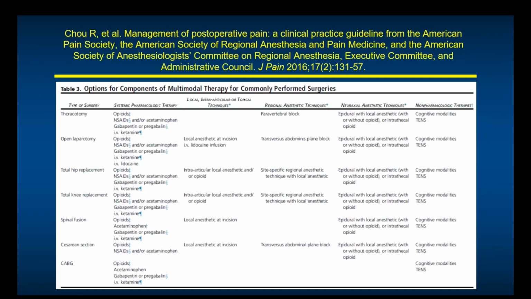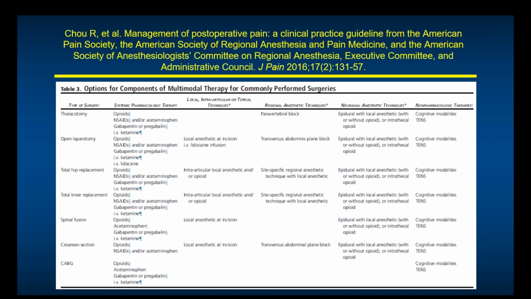And everyone always asks for algorithms and guidelines of how to treat pain. These are guidelines and recommendations for acute pain and acute postoperative pain, but can be generalized to trauma pain. These recommendations were published in 2016, and there are about, I think, 24 recommendations.